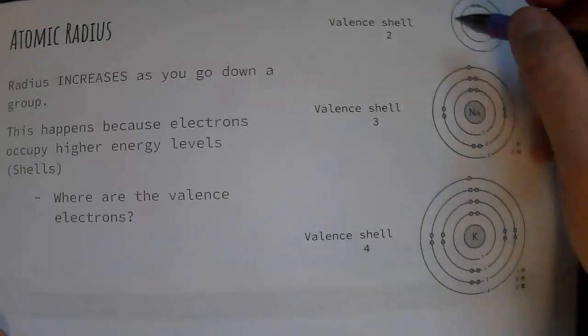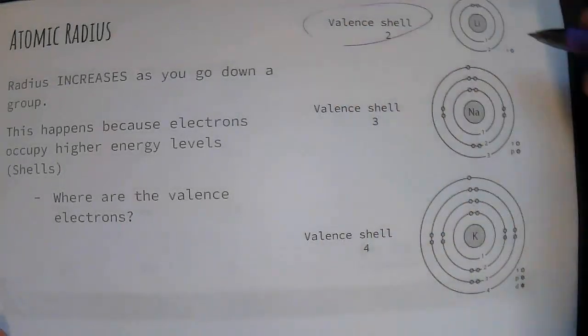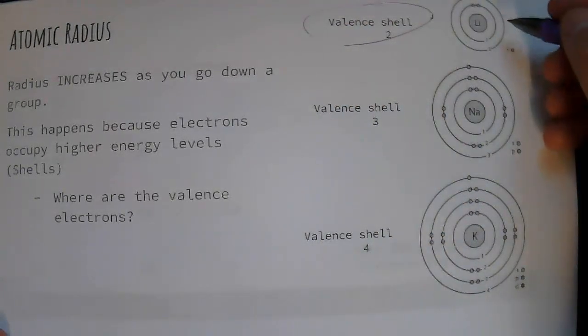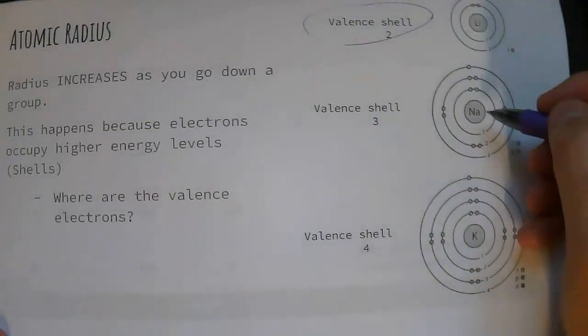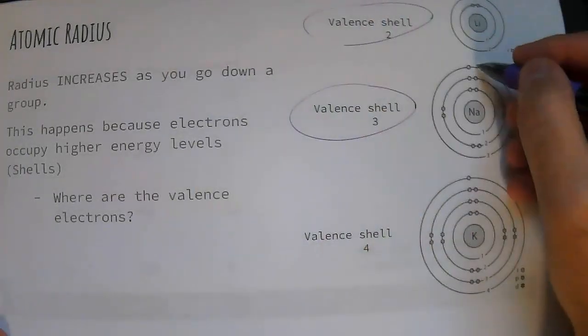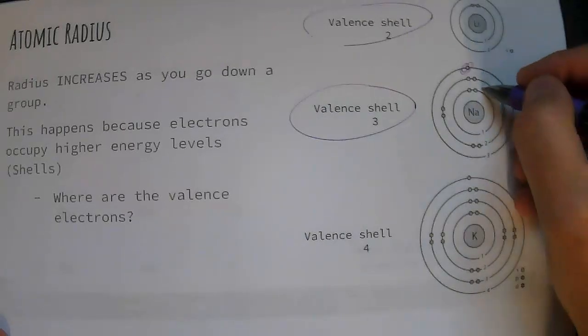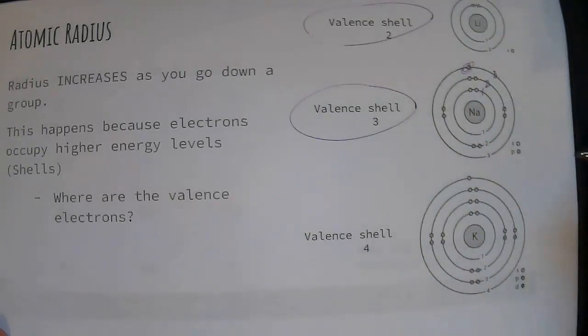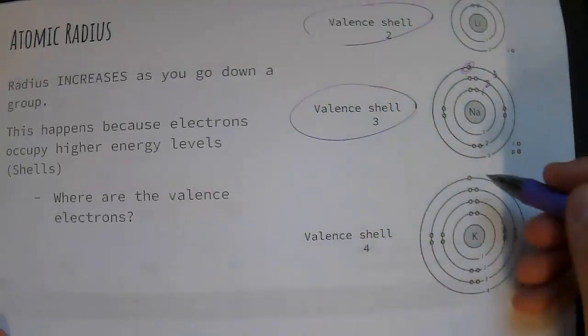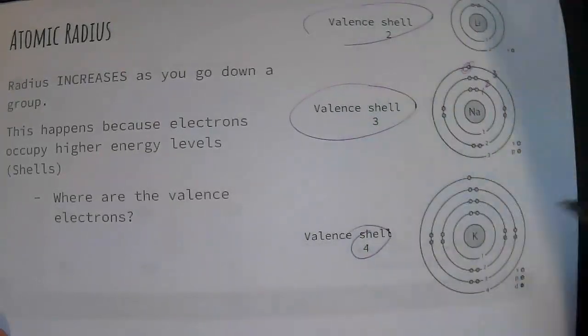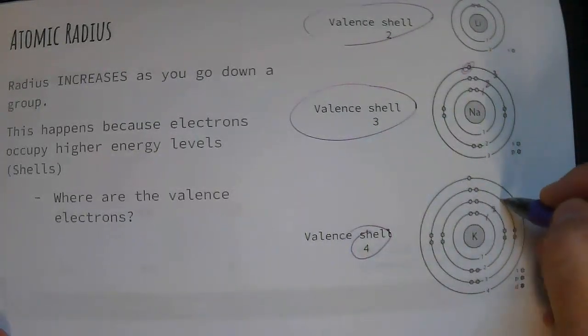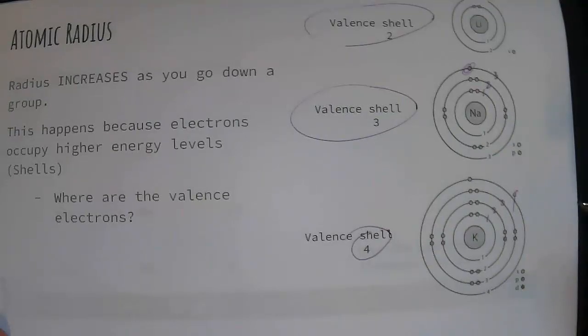So in lithium, the valence shell is 2, and that gives us one size. Now sodium, its valence shell is 3, so now 1, 2, 3. So now this makes it bigger. And then potassium, its valence shell is 4, and now we have something bigger yet.